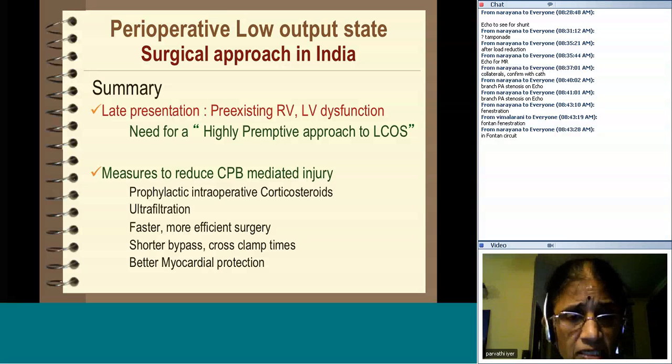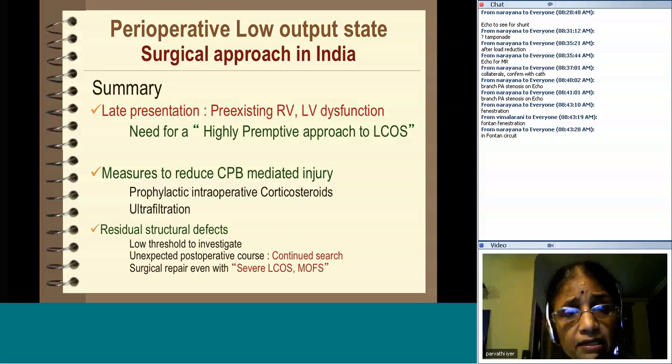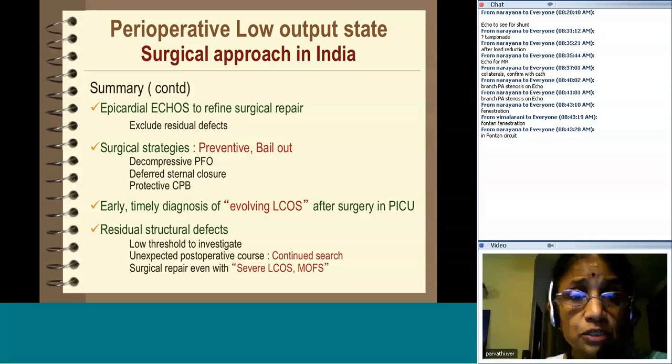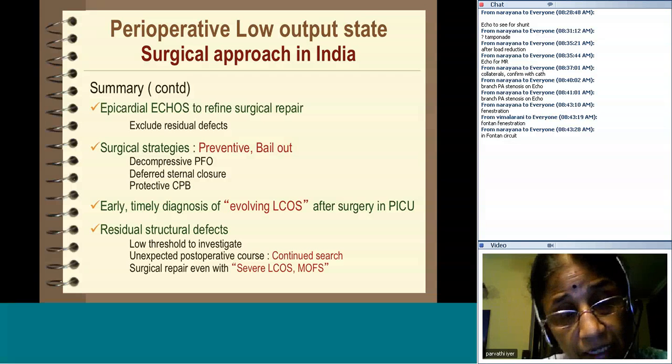Use epicardial echoes to refine surgical repair and exclude residual defects, particularly in tetralogies and bad RVOTOs, to see that excessive resection is not done and inadequate resection is not done, to get things absolutely right. If an epicardial echo is difficult to interpret, get a consultant in, get somebody senior, be open-minded and use multiple heads to see that there are no simple defects which can be easily corrected.